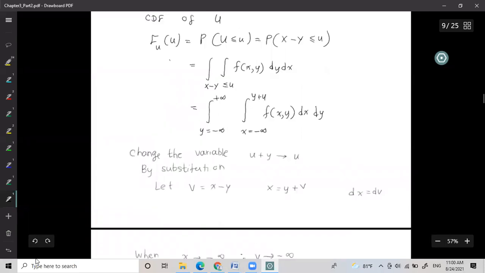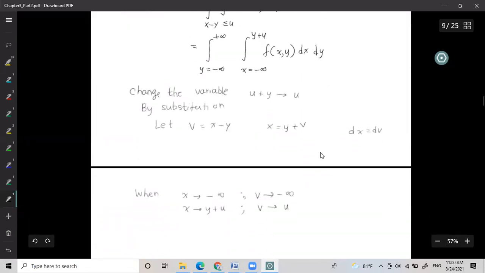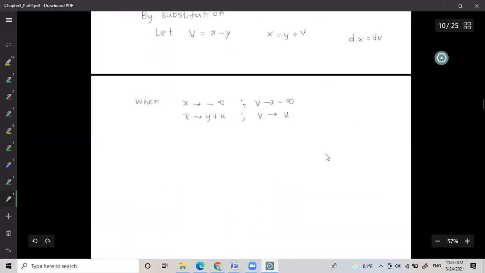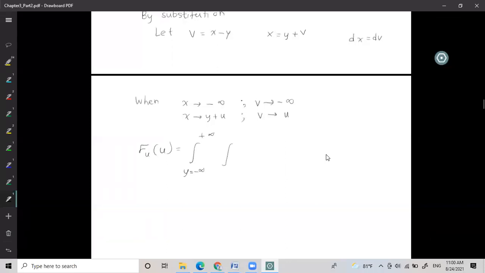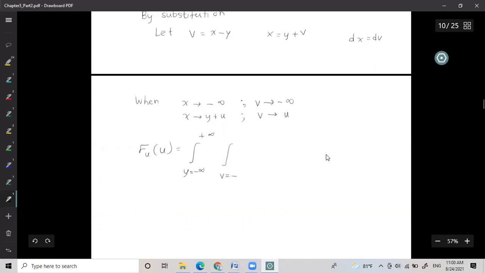So like we did in the previous case, let's do this substitution. What will happen to our f of y? We haven't touched y, so it is still there as it is. And now our x will be replaced by v, going from negative infinity up to u. What will happen to the inside?